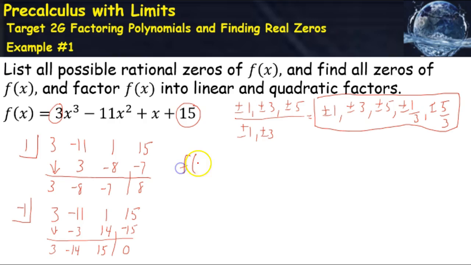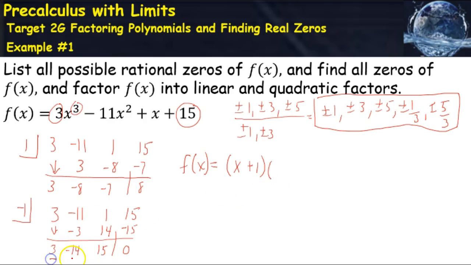So right now I have f of x equals, since my zero is negative 1, the factor that goes with negative 1 is x plus 1. This started out life as a third degree, so the remaining quotient is going to be x squared: 3x squared minus 14x plus 15.